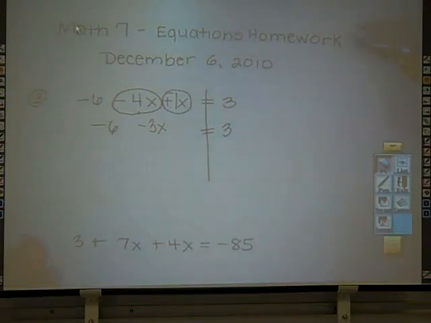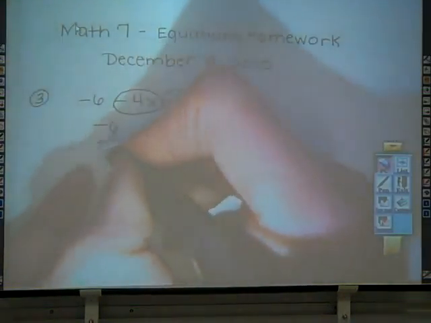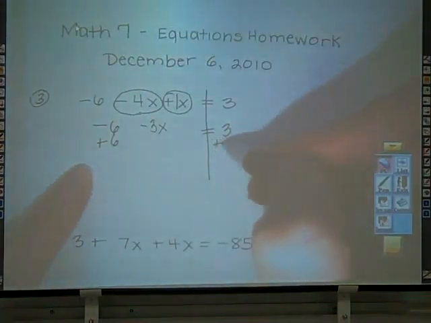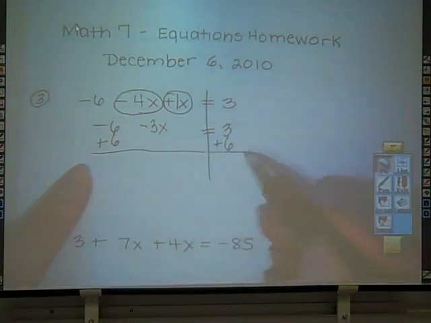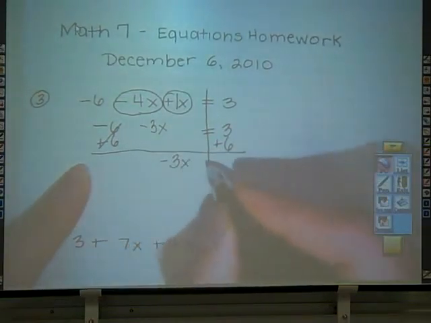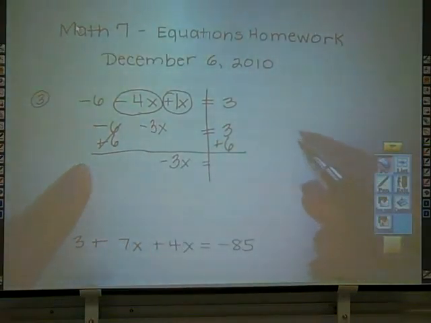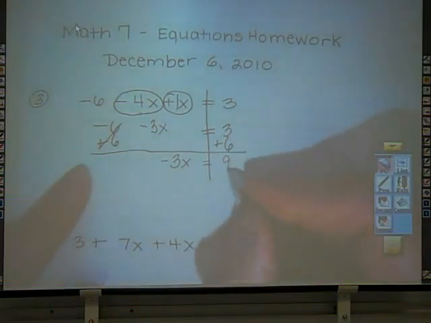Next step, we're going to take the 6 over to the other side by adding 6 to both sides. The 6's cancel out. We're left with negative 3x equals, now 3 plus 6 will give us 9.